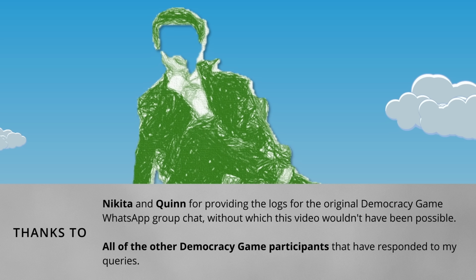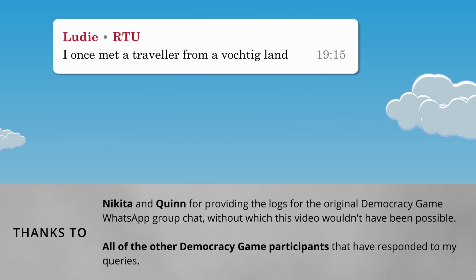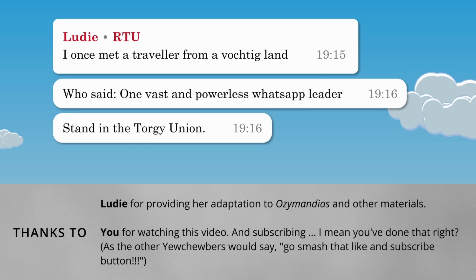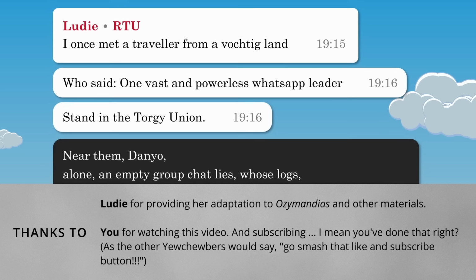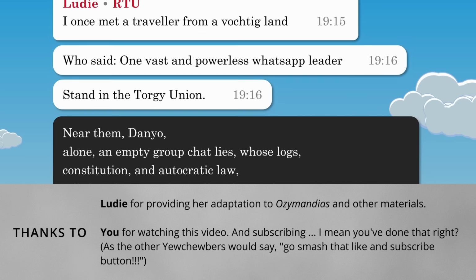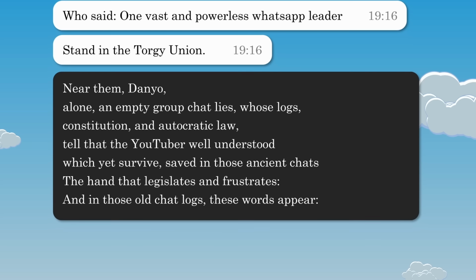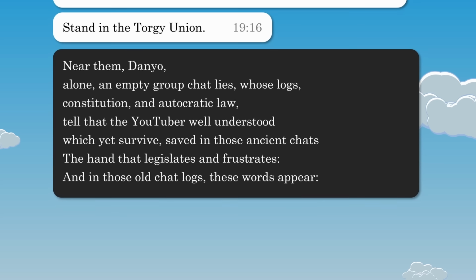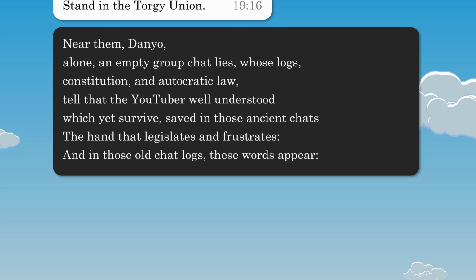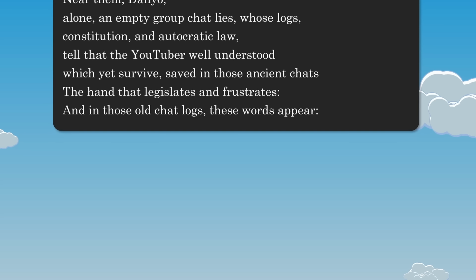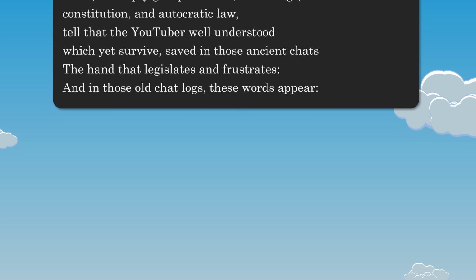Your government is illegitimate. I once met a traveller from a distant land who said, one vast and powerless WhatsApp leader stands in the Union. Near them, alone, an empty group chat lies, whose logs, constitution and autocratic law tell that the YouTuber well understood, which yet survive, saved in those ancient chats, the hand that legislates and frustrates.